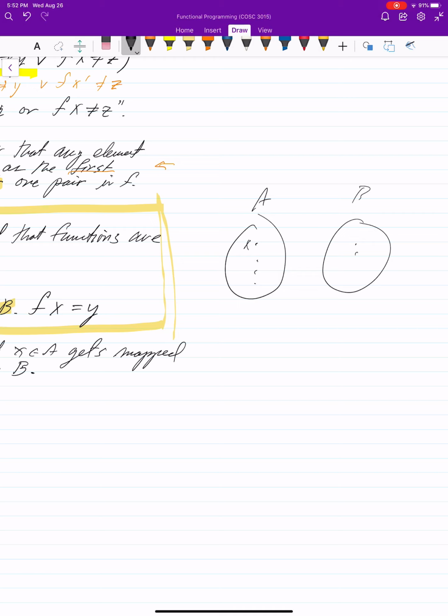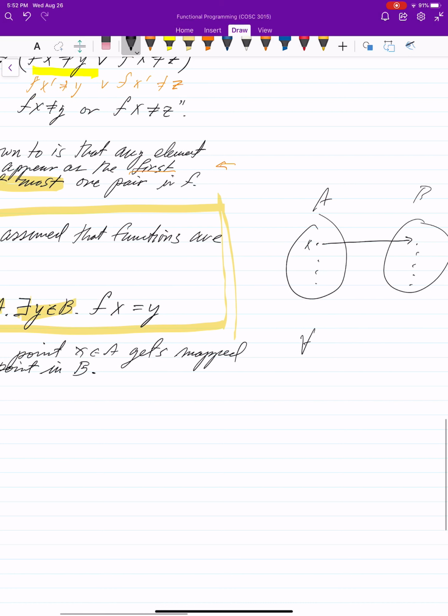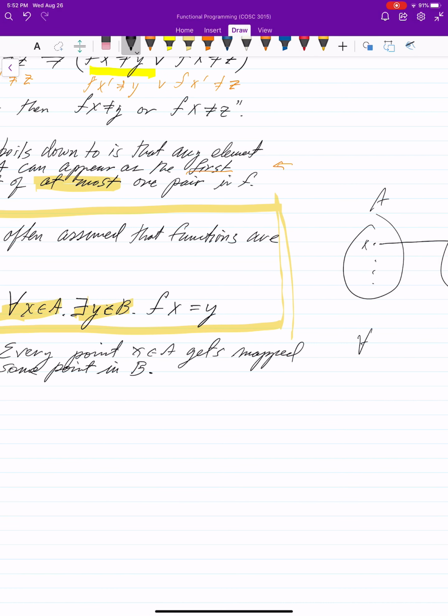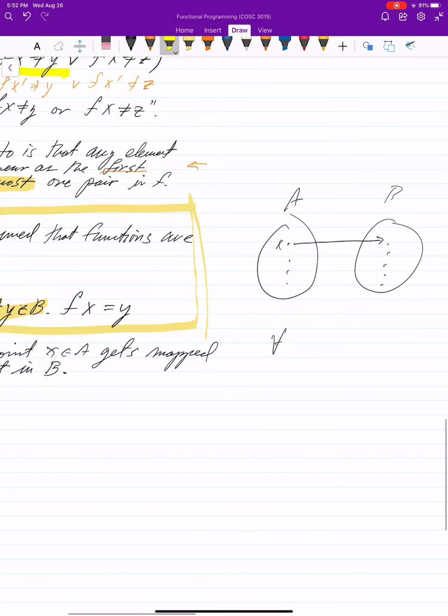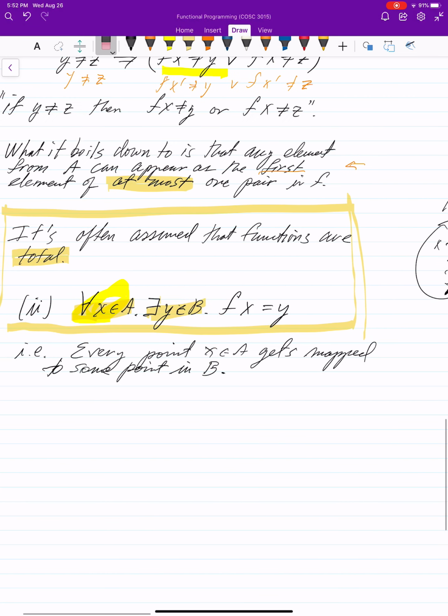And let's say in B, I've got a bunch of things. Every x in A has to go somewhere. So it basically means you can't have, okay, this goes there, and this goes there, and this goes there, and a point like this left over in A that doesn't go somewhere. And if that's true, then the function is total.